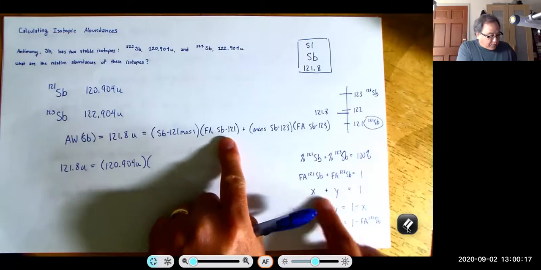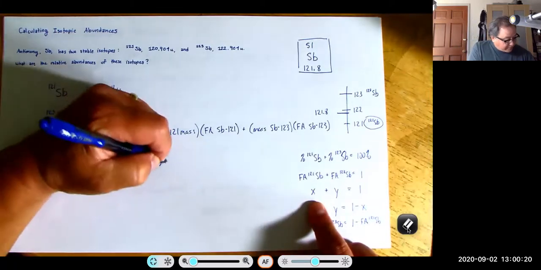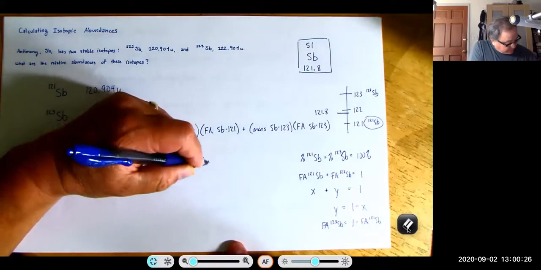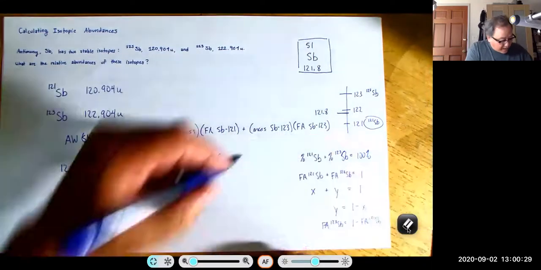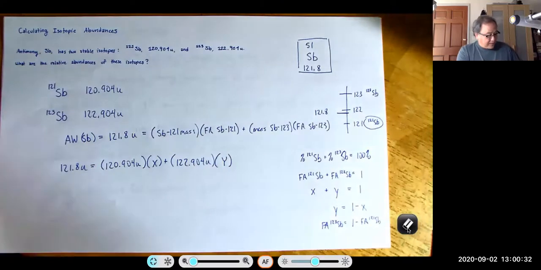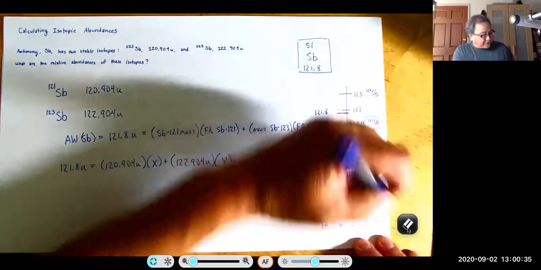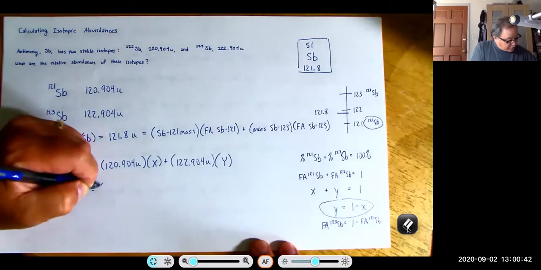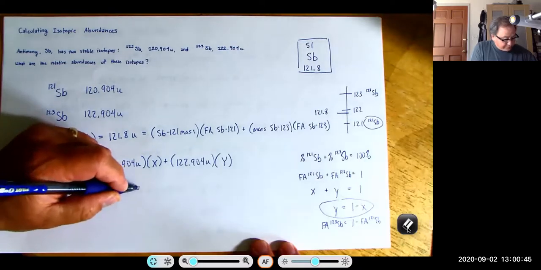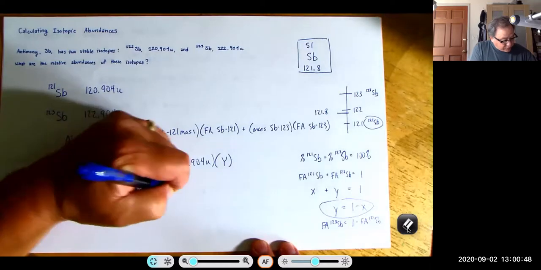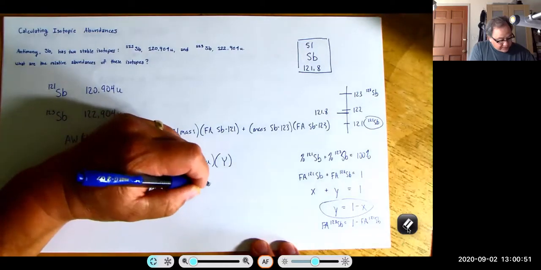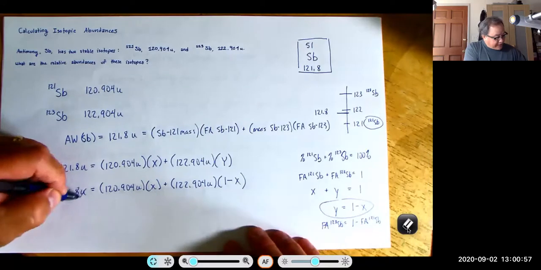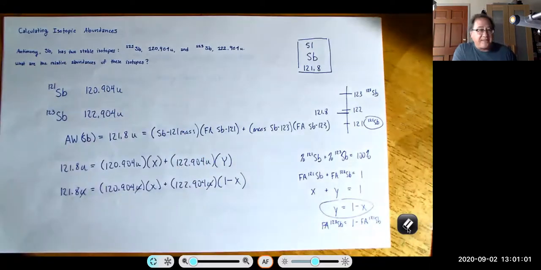And remember, we said we're going to call that X, plus the mass of 123, which is 122.904 U. And we're going to call this guy Y. Now, we also have Y is equal to 1 minus X, so we can write 121.8 U is 120.904 U times X plus 122.904 U times 1 minus X. Now, when we take a look at this, the U's cancel because they're in every term that's being multiplied together.